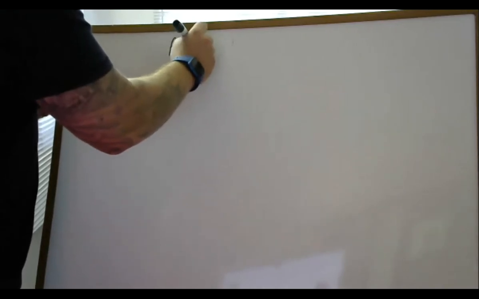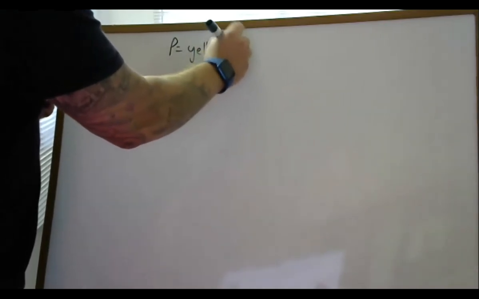All right, let's do probability. So the simplest way to look at probability is to look at the probability of one event occurring. I've got two sides of this. What's the probability that it lands on the yellow side?